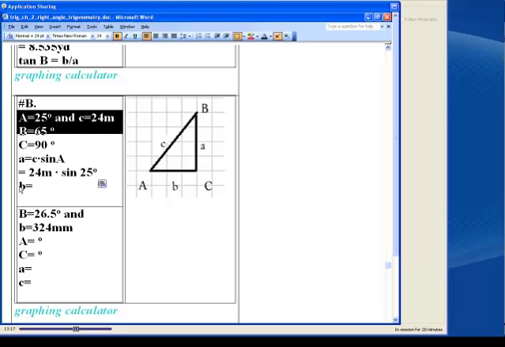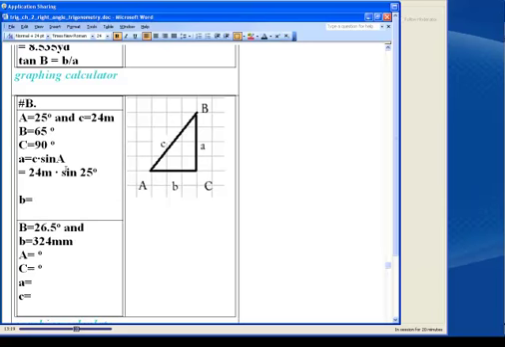An alternative would have been to use the angle B and then use the cosine. But of course, any one of these is fine. So on the side, I'm going to do 24 meters times sine 25 degrees, and I come up with 10.14, which actually I want to round to 10 meters. Let's see. And so far I'm correct with what the book says for a solution.